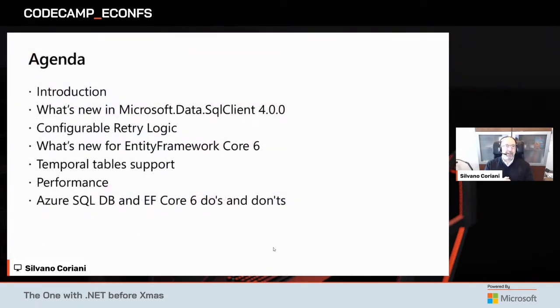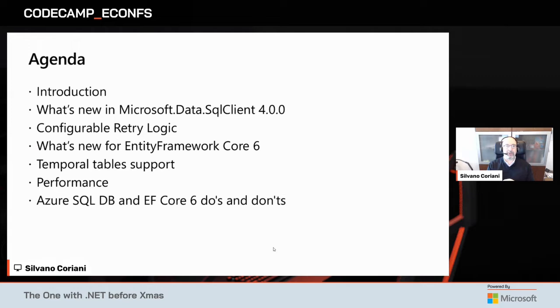So the agenda for the next 60 minutes or so is to talk about what is new for these two client access tools and drivers. Specifically, we will focus on the new configurable retry logic feature in SQL Client, to make your applications more resilient to transient connectivity issues or blips that applications may encounter when talking to the backend database.